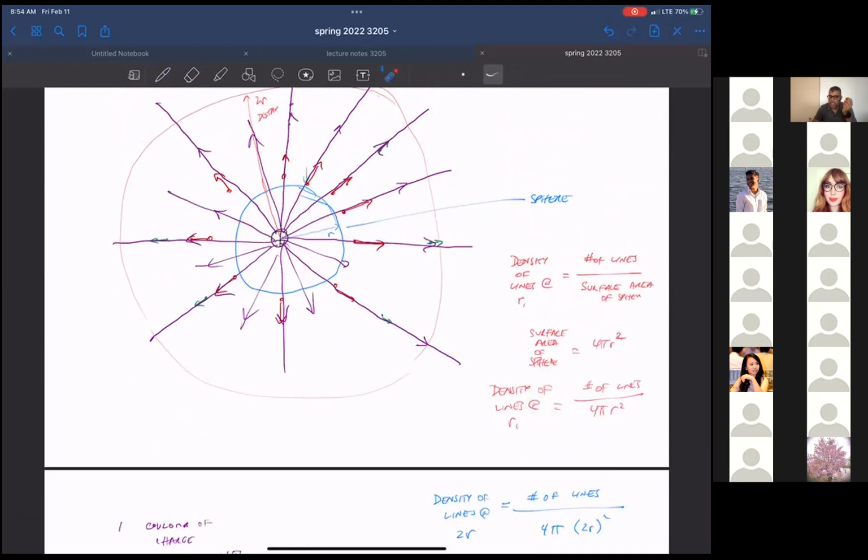And then as I saw how many of these lines would cross a particular area, that would give me an idea of the electric field strength of that area.